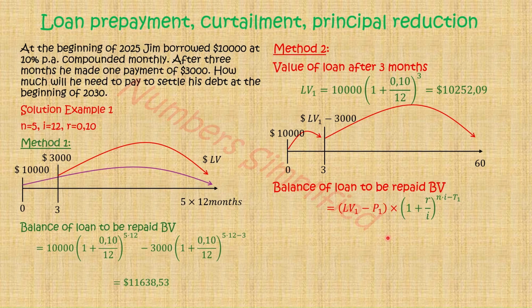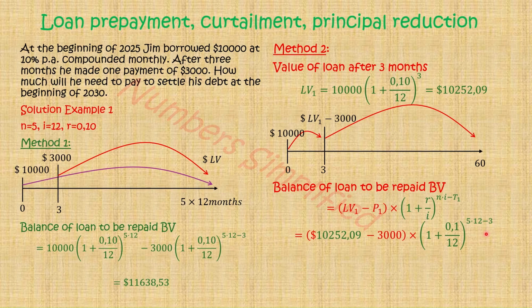Substituting for LV1 that we obtained earlier, we are going to have $10,252.09. Then the payment was 3,000, times that which would generate the interest compounded monthly. So we would have that bit over there, and of course substituting for the n and for the i, which is 12, we are going to get that.